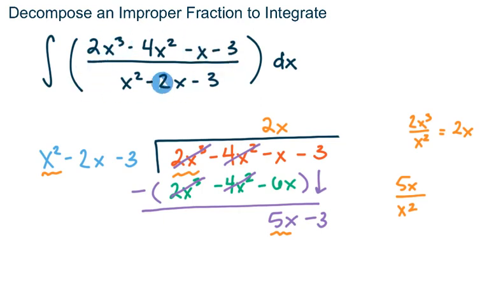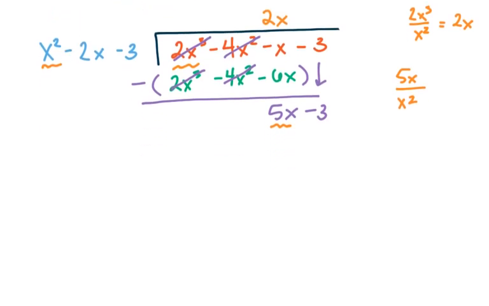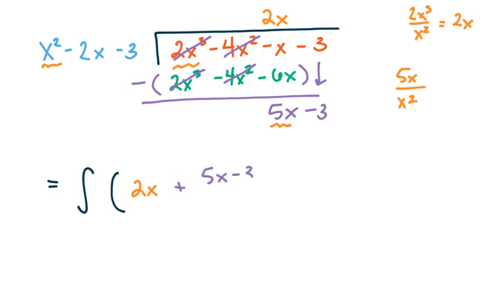So we can take our rational integrand that we originally had, and now we can rewrite that. This is now equal to the integral of my quotient, 2x, plus my remainder, which is 5x minus 3, over my original divisor, which was x squared minus 2x minus 3.